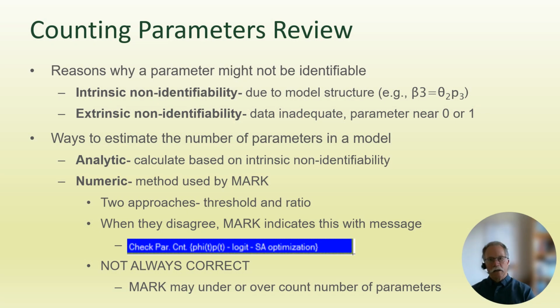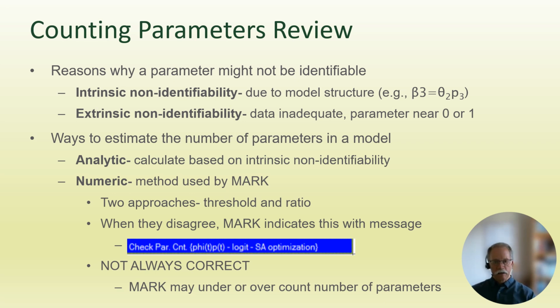As we talked about last week, there's two reasons why a parameter might be non-identifiable. One is intrinsic non-identifiability, when you have, for instance, the final p and phi in the Cormack-Jolly-Sieber model being confounded due to model structure.